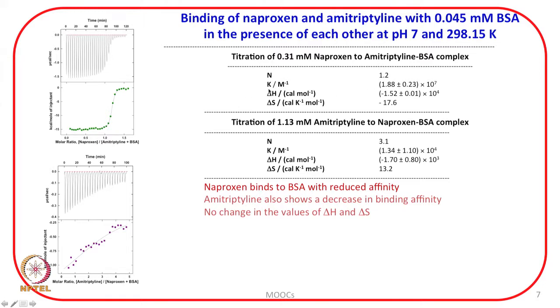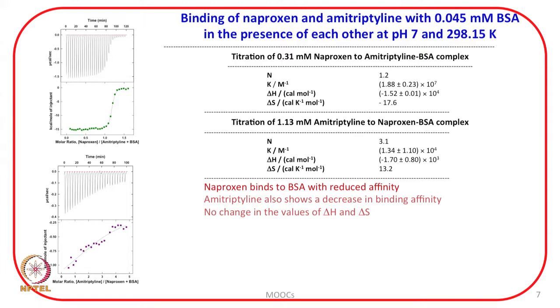where you see the value of K remained of the order of 10 raised to the power 7, although the absolute number decreased to a small extent. Whereas for amitriptyline, when it was titrated to naproxen BSA complex, it remained of the order of 10 raised to the power 4.